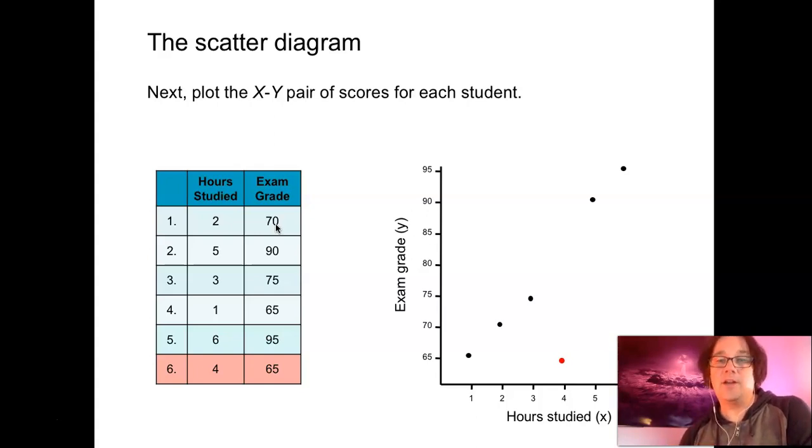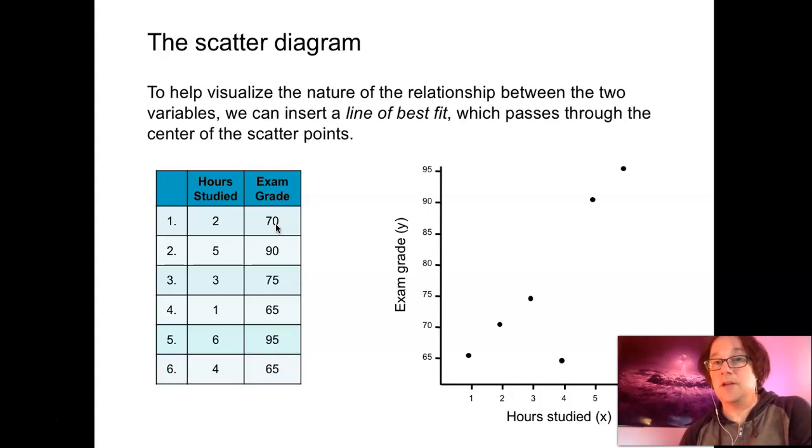That score in red seems to not really fit in with the rest of the pairs of scores. In fact, we would call that score an outlier, because it's not fitting in with the general pattern that we see going on in the scatter plot.